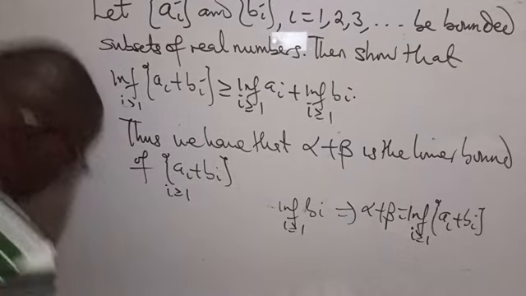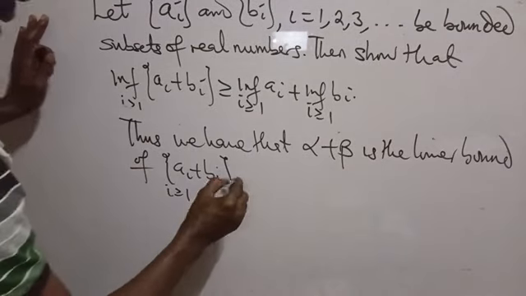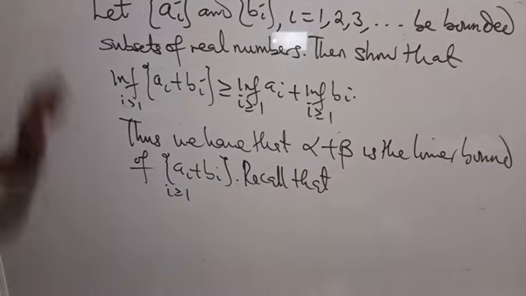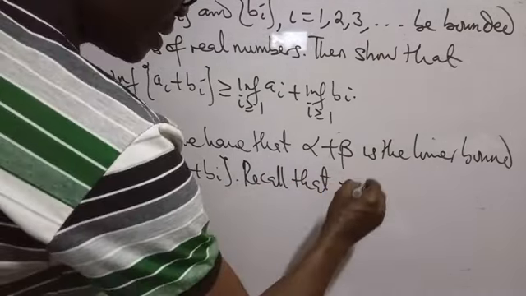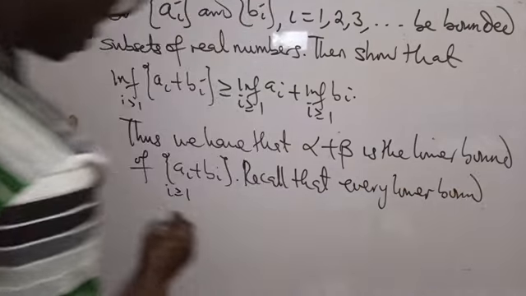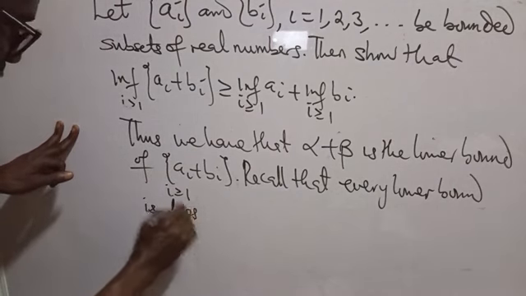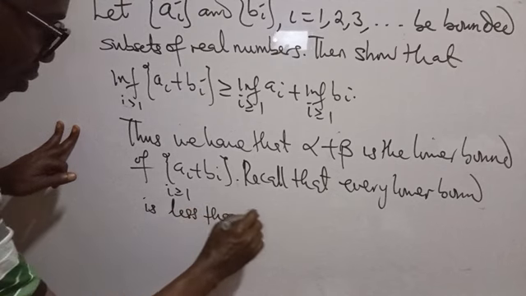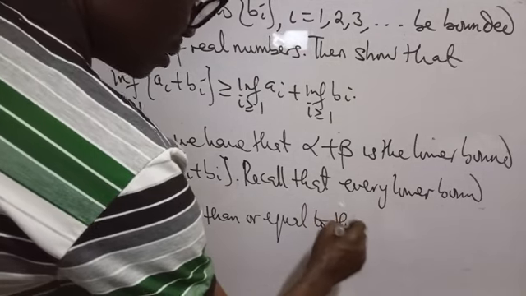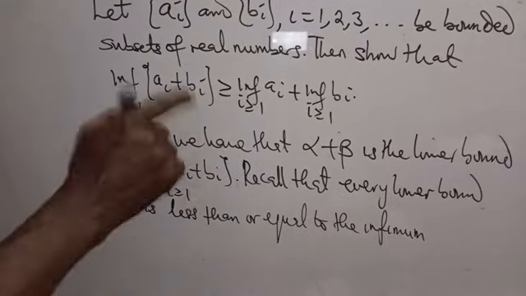And we have to recall that every lower bound is less than or equal to the infimum, because the infimum is the greatest lower bound.